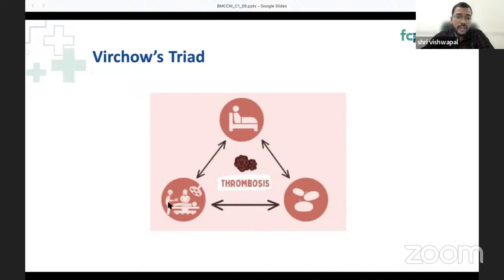And you could see a surgeon doing a surgery on a patient, and even this is a major problem, mainly if the surgery involves the lower extremity. So these three factors together, or separately, can cause a thrombus. Once the thrombus ruptures and forms emboli, it goes to the heart and causes pulmonary embolism.